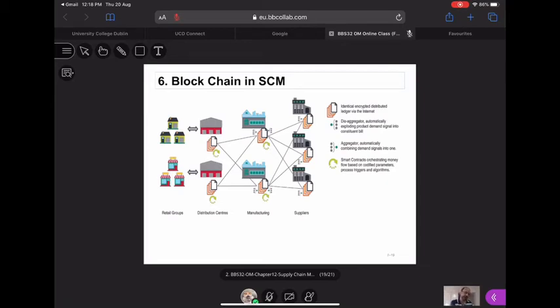But now let me give you an example of blockchain in supply chain management. Just say, for example, I'm a company in Singapore, and whenever I buy raw materials, I always buy raw material from Germany.